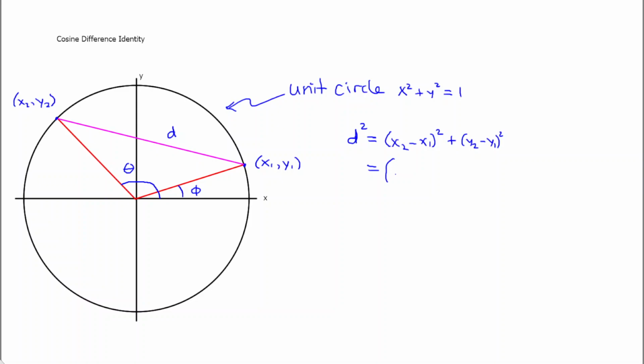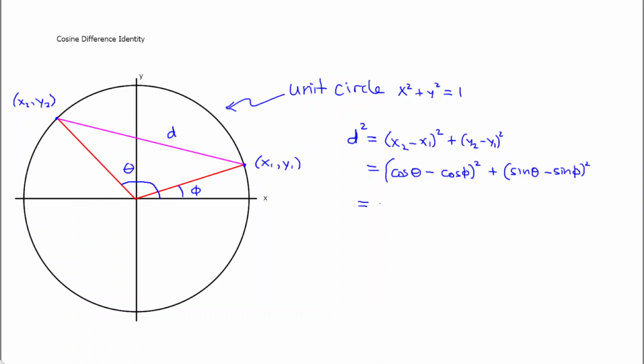So x2 is equal to cosine theta, x1 is equal to cosine phi, and then that binomial gets squared. Similarly for the y coordinates.